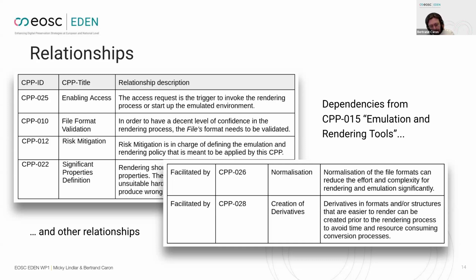So for example, here for CPP 15, emulation and rendering tools, the table indicates that the process is facilitated by normalization and creation of derivatives. And of course, the relationship description is trying to describe a bit more precisely what the relationship is about.